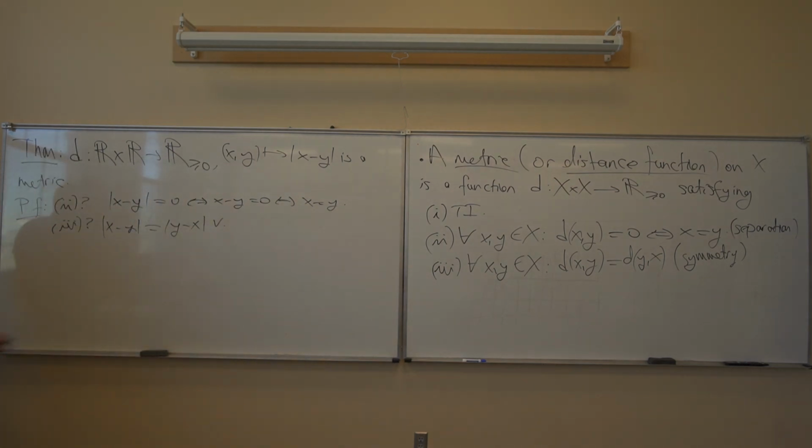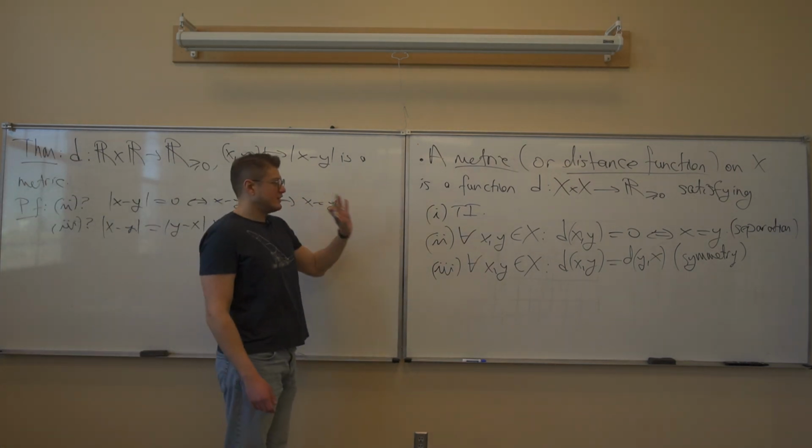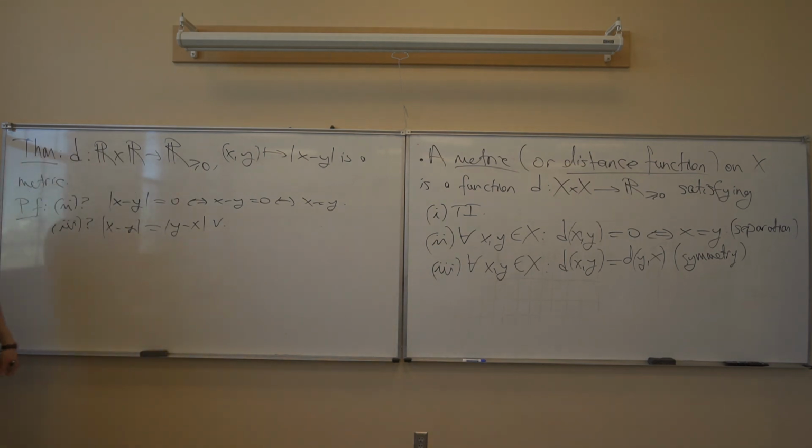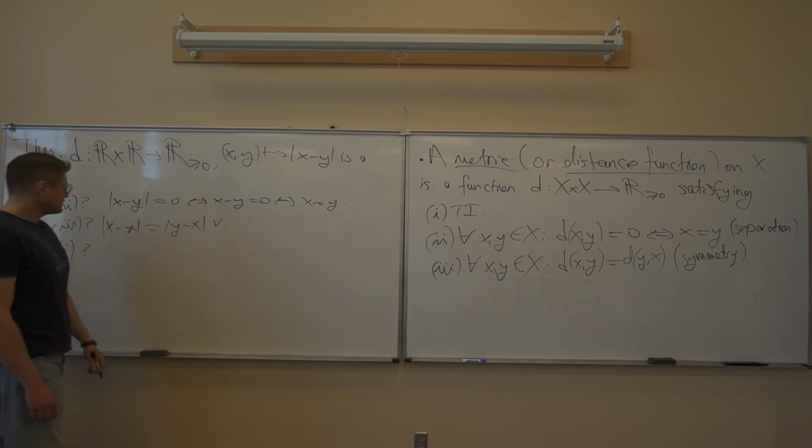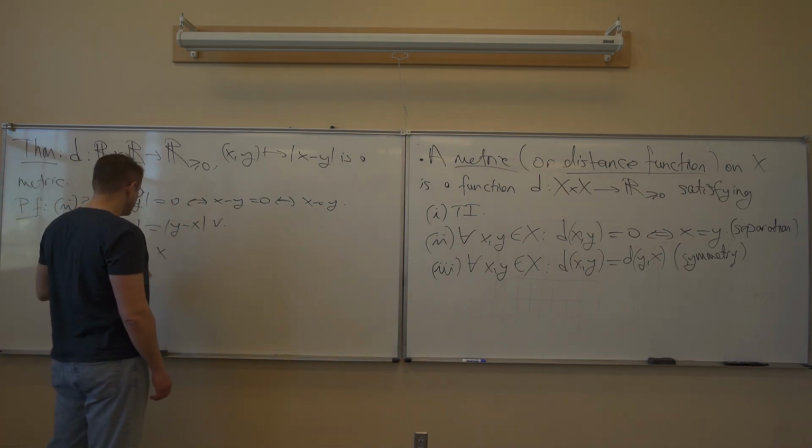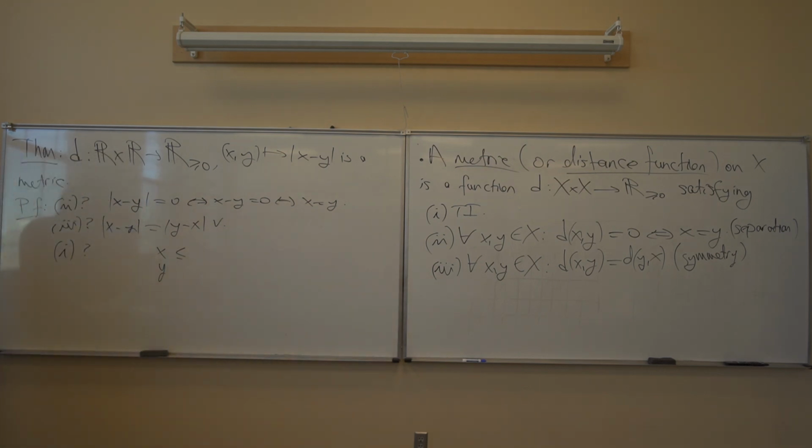The first property, triangular inequality, is still not very complicated, but it takes some work. What I can do is the following. I can realize that given any number x, it is bounded from above by the absolute value of itself. Right? Because either it's a positive number, in which case the absolute value of x is the same thing as x, or it's a negative number, in which case the absolute value of x is plus it. Right?